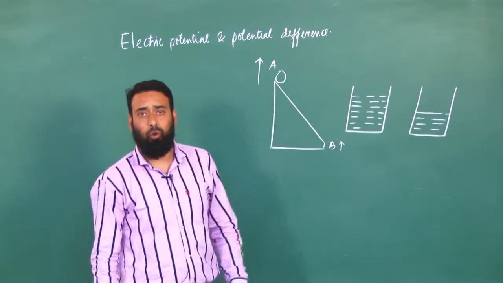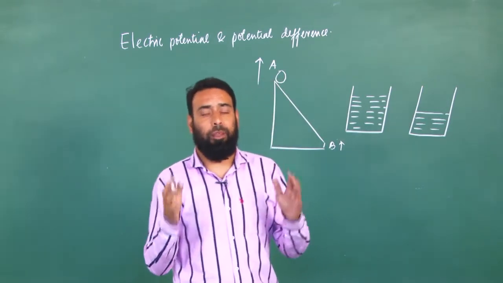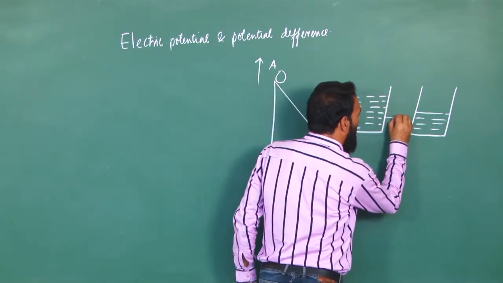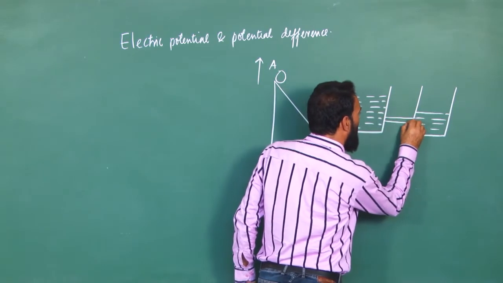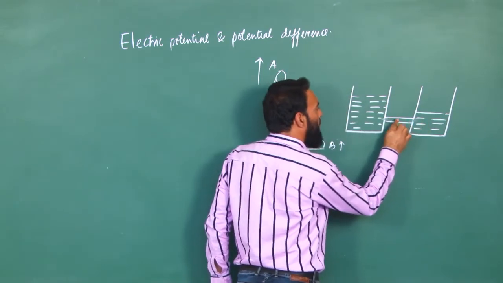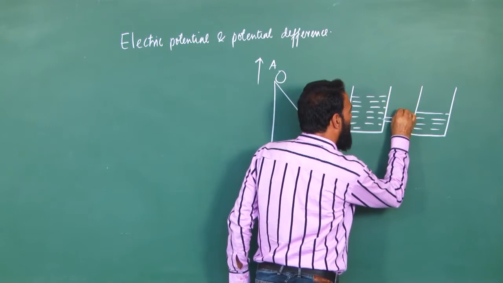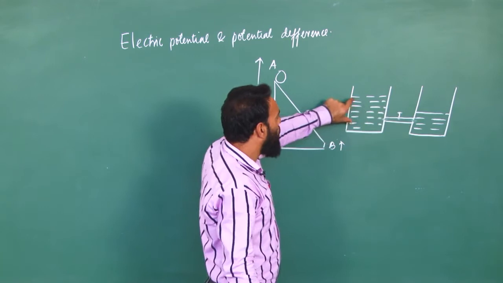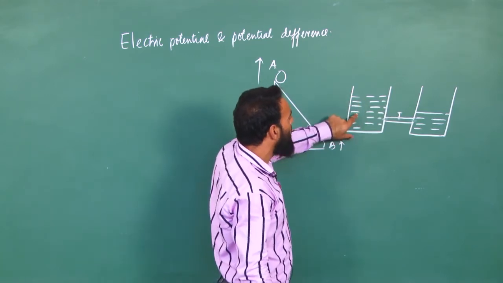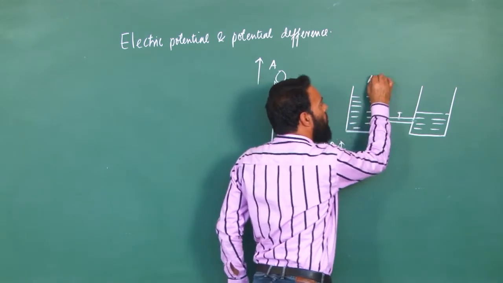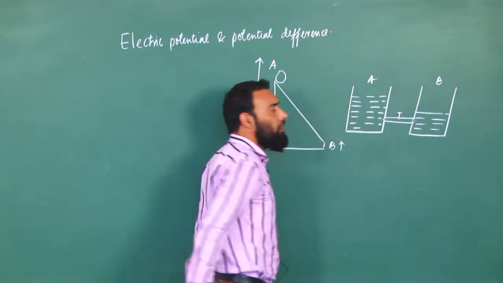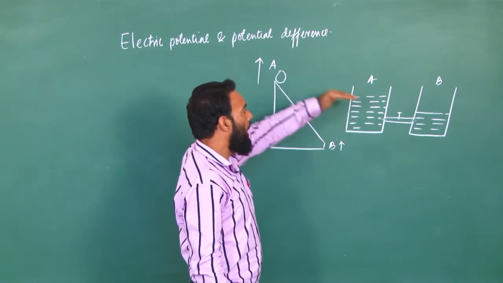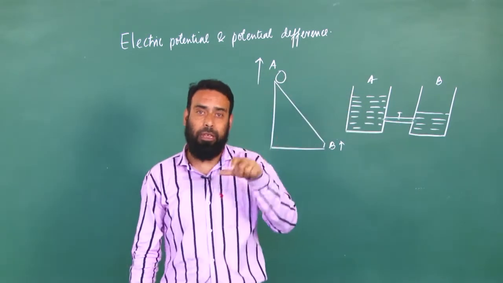If we join these two tanks with a pipe having a tap T and open the tap, you see that the water starts flowing from tank A to tank B. The condition here is that the level of water in tank A is very high and the level of water in tank B is very low.